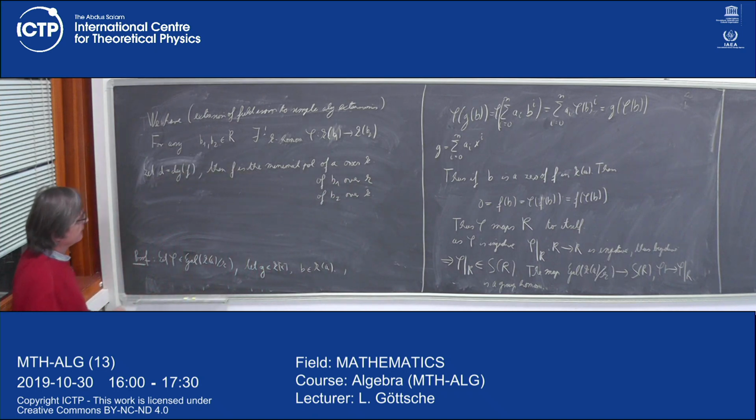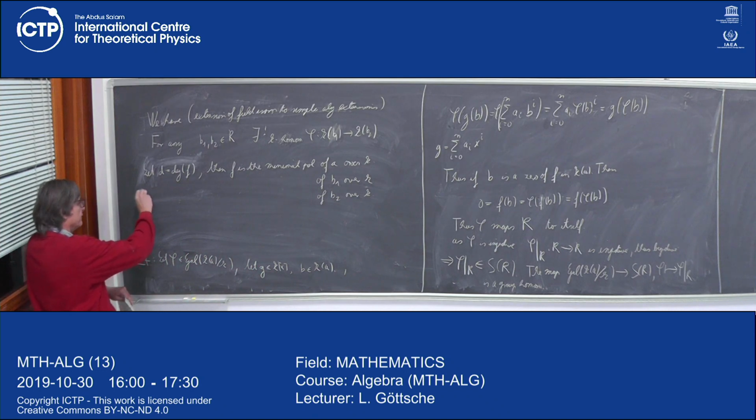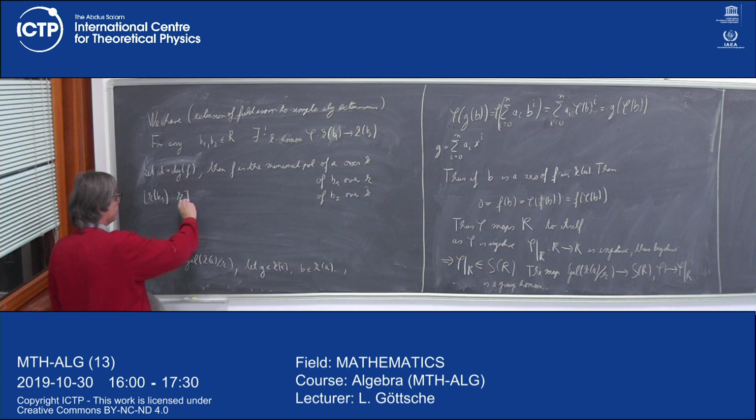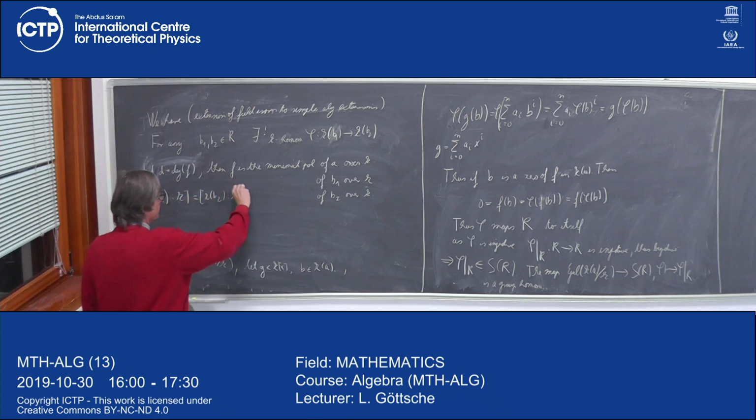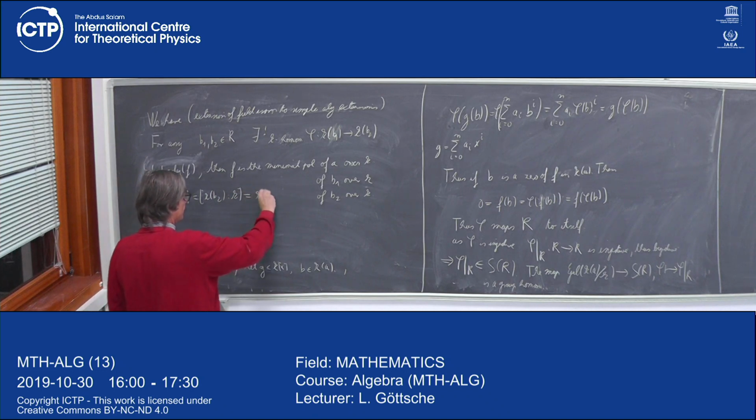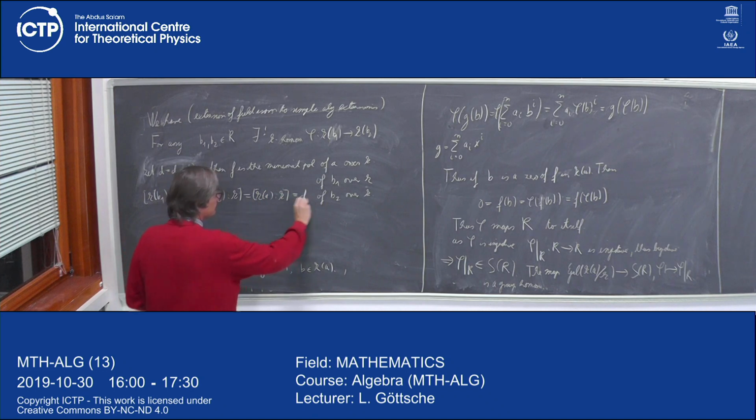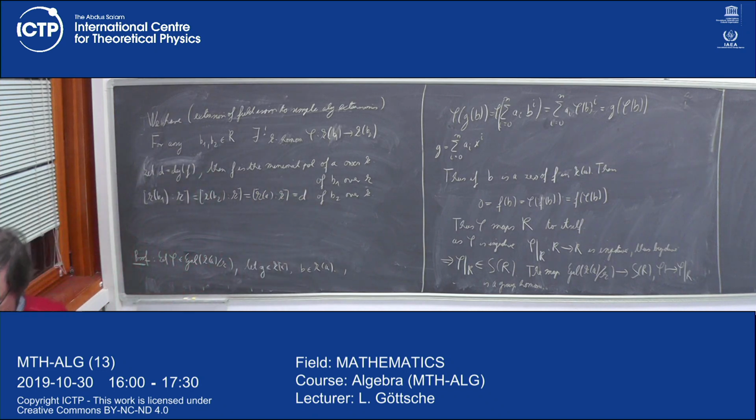And so therefore it follows that the degree of K(b1) over K is equal to the degree of K(b2) over K, which is equal to the one of K(a) over K, which is d, this degree.